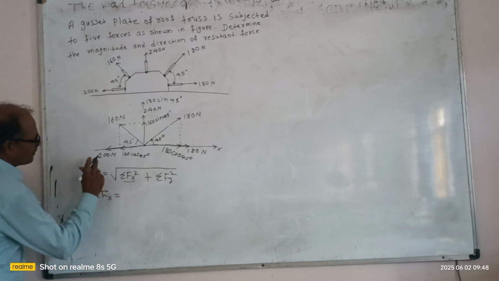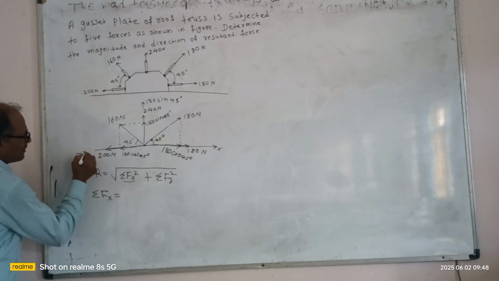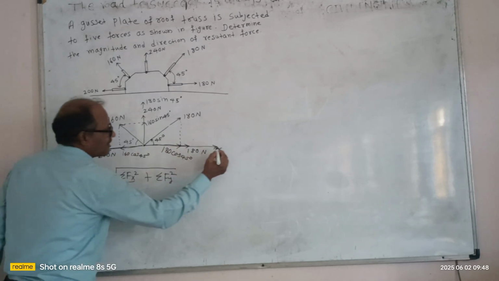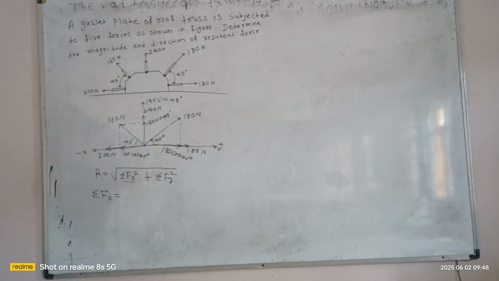So for the algebraic summation, this direction is assumed minus x. This is plus x.